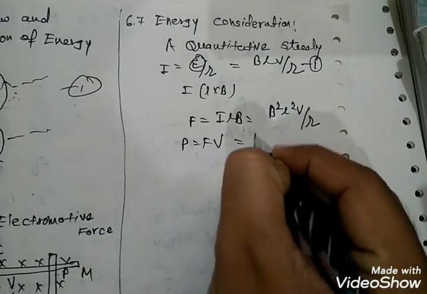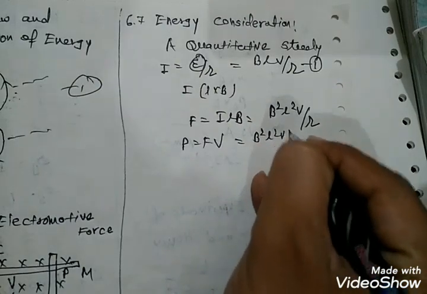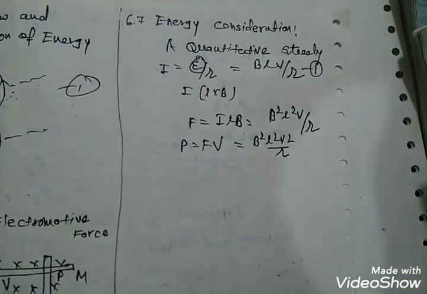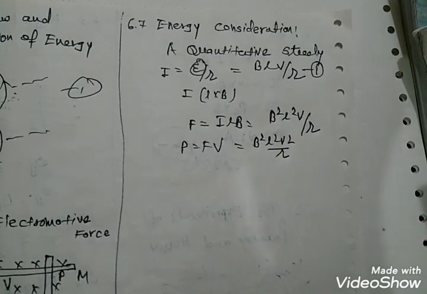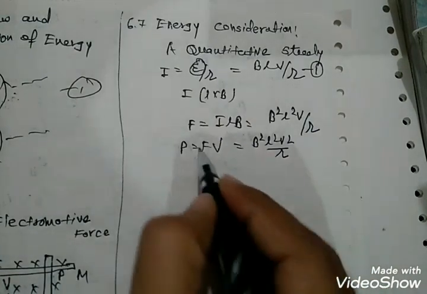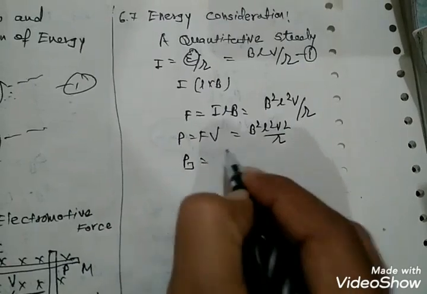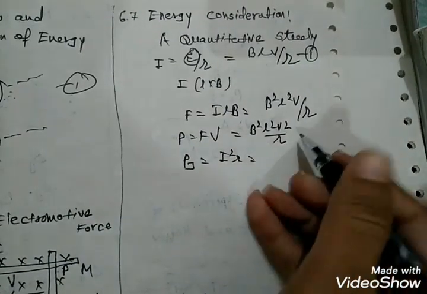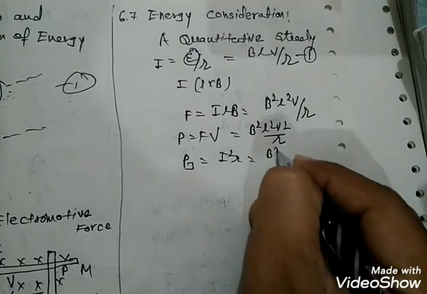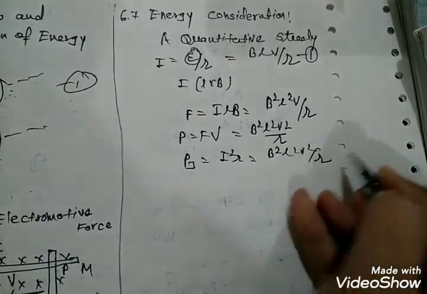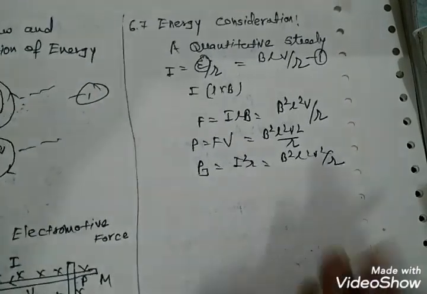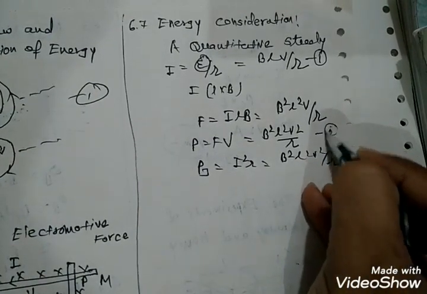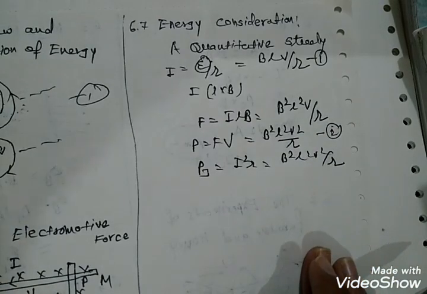So P is equal to B square L square V square upon R. Now the agent that does this work is mechanical. Where does this mechanical energy go? The answer is that it is dissipated as joule heat. So P is equal to I square R, which is equal to B square L square V square upon R. Now in the above equations, both are the same.